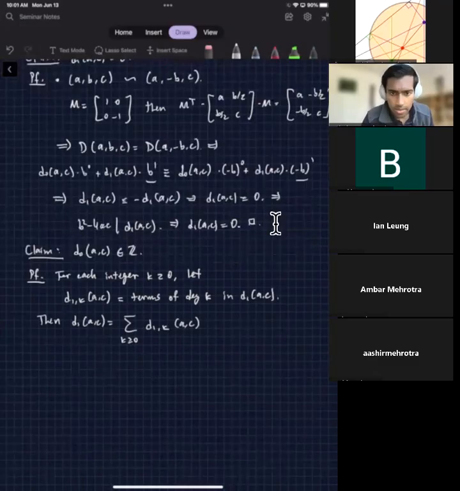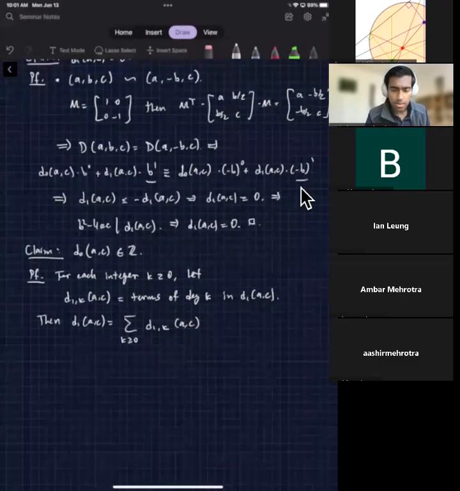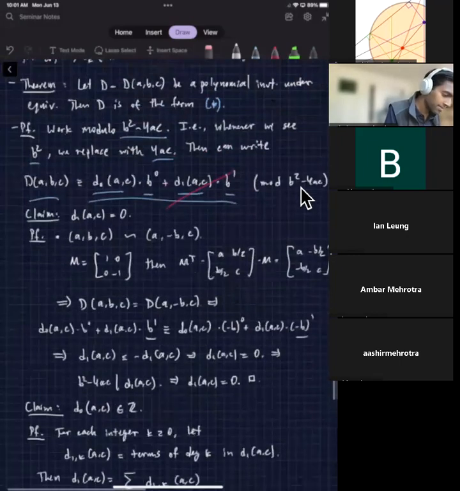Okay, sorry. Can't it be that 2 d1(a,c) equals 0 mod, but d1(a,c) is not divisible? Well, the thing to know here is that a, b, and c are variables.